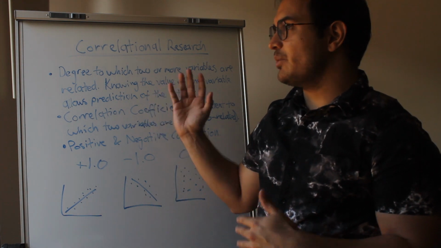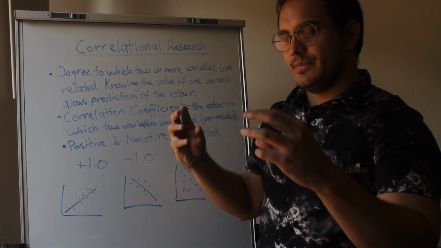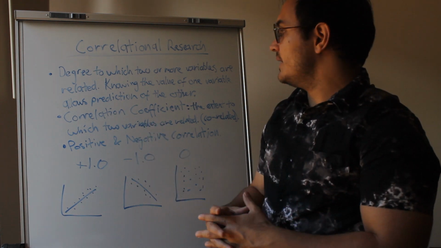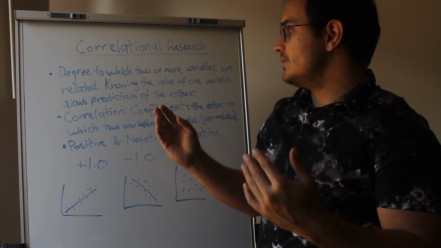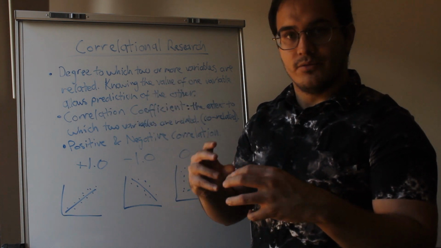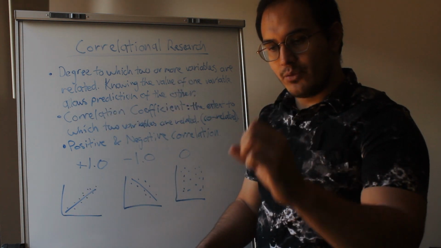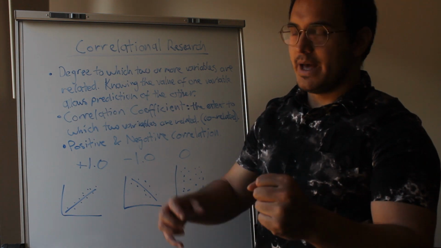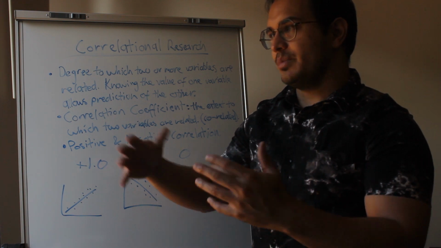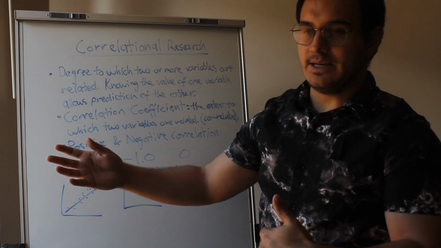And so what we're trying to do is determine the degree to which two or more variables are correlated together. Okay, so knowing the value of one variable, how predictive is it of another variable? So if we know the value of your IQ, how predictive is that of your workplace success, or success at school, at passing exams?